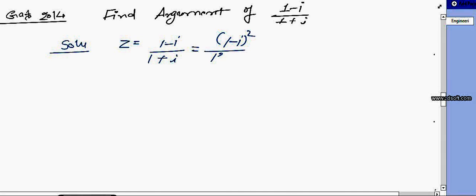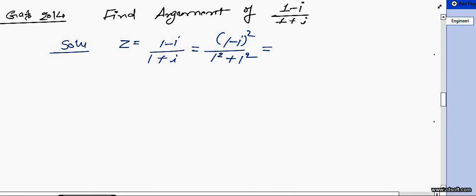Now the solution. It is a very simple question. z is equal to 1 minus i upon 1 plus i. You just multiply and divide the numerator and denominator by 1 plus i, so you will get 1 minus i square upon 1 square plus 1 square.